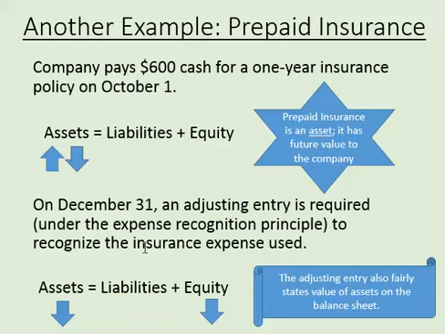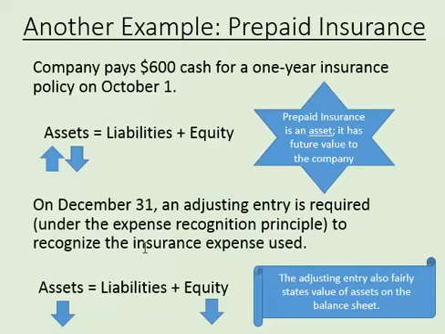We don't want to leave that prepaid insurance asset with a balance of $600 because that would not recognize the fact that we've actually used up some of that insurance policy. So we need to decrease the amount of the asset since we've used some of it up, and we also need to recognize some insurance expense.